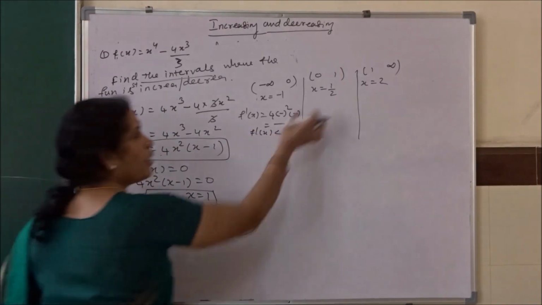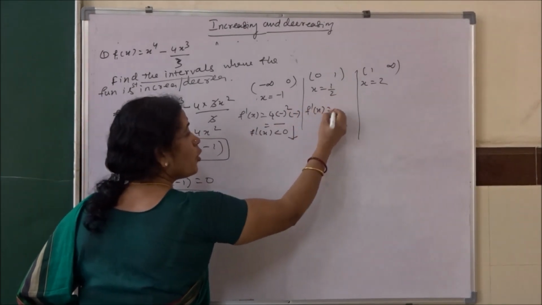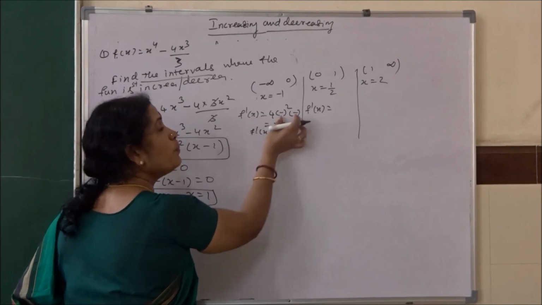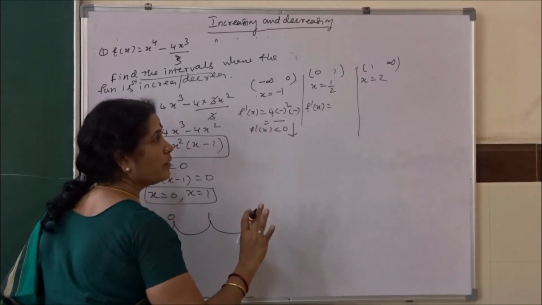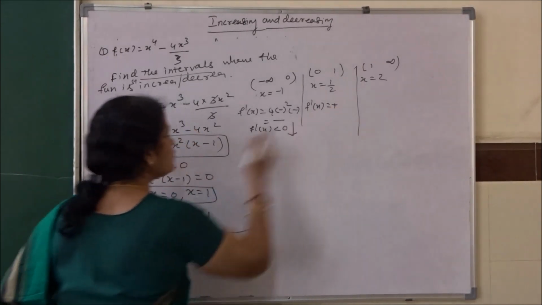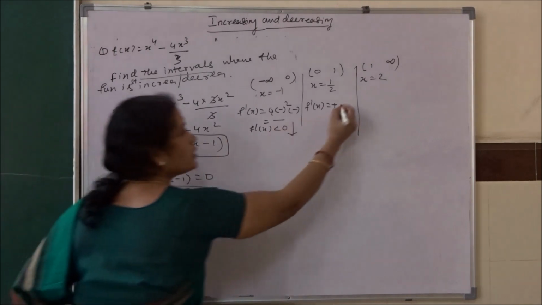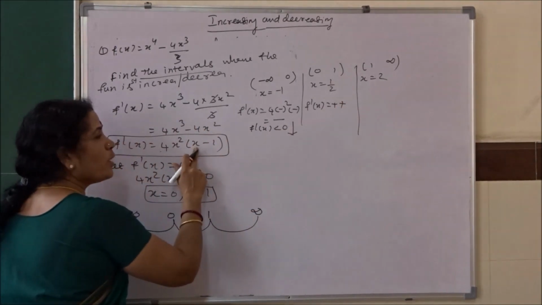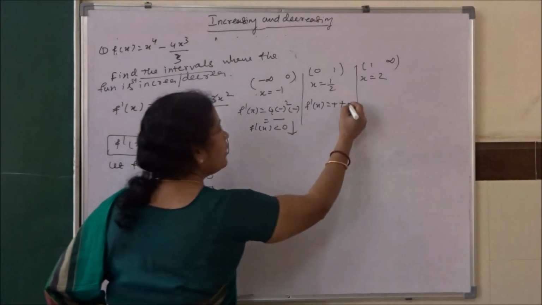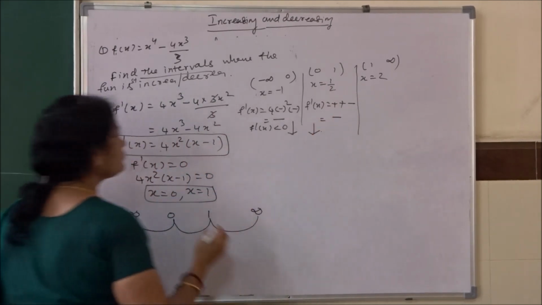Am I correct? Now x is equal to half, substitute in f dash of x. If you are not writing f dash here, simply plus minus, there is no meaning. Keep that in your mind. Now f dash of x at half: the first one is positive 4, 1 by 2 whole square is positive, and 1 by 2 minus 1 is negative, so the total is negative, that is decreasing.